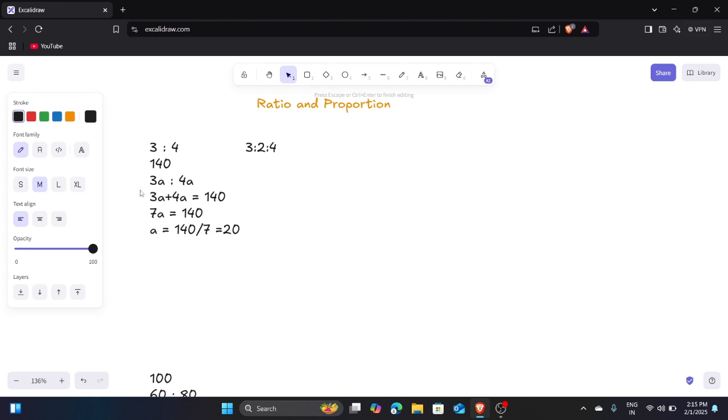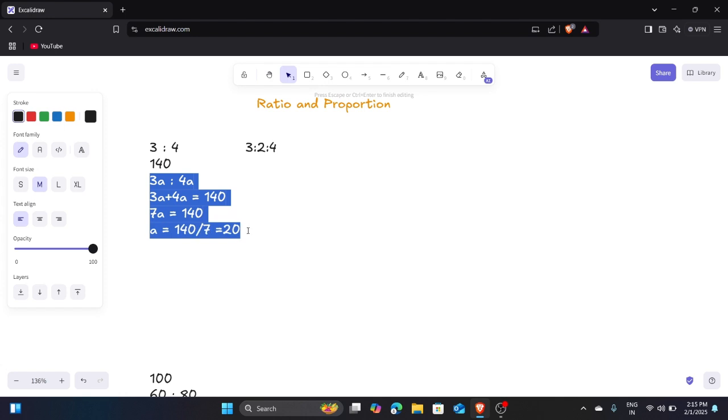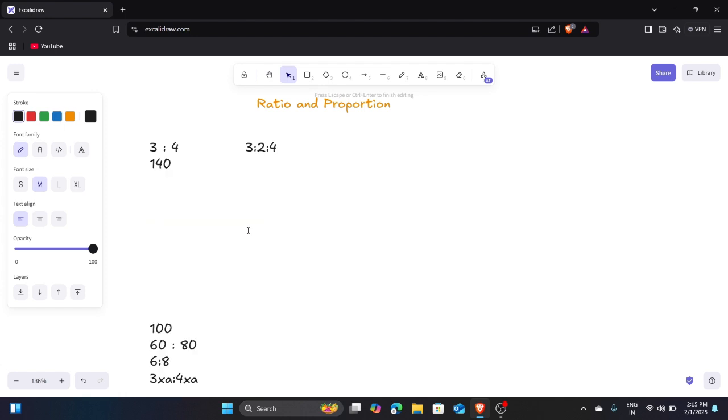You can also do it directly. How? Just remove this. 3 plus 4 is 7, so we assume a in our mind without writing it, and say 7 units means 140, because it is given in the question.